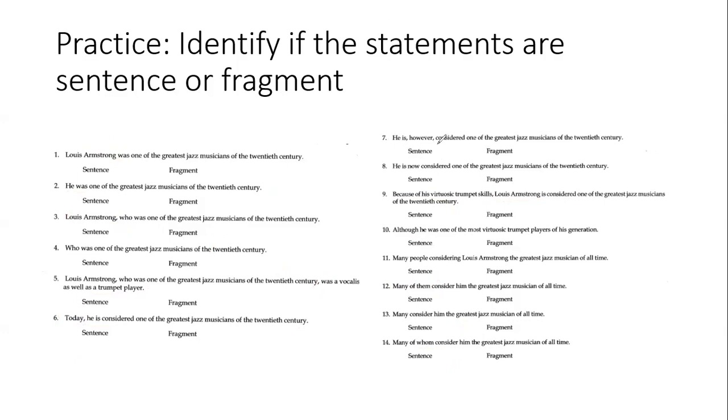He is, however, considered one of the greatest. Yes, but again, this is incorrect, my dear. It has to be a semicolon and a comma. That's how we use however. However is used always with a semicolon, however, comma.